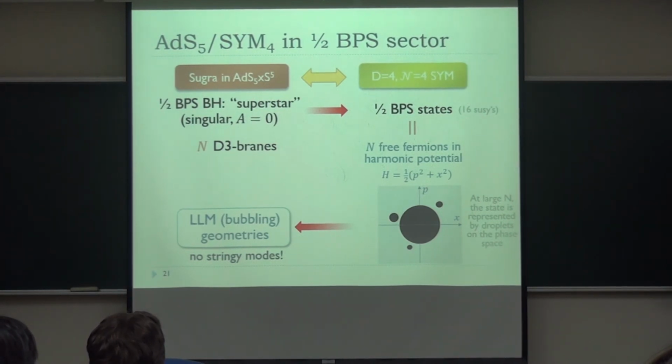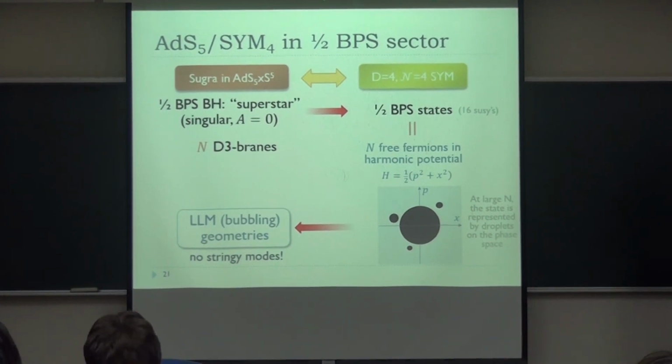Okay, so this is the large N description of the free fermion system, and it turns out that for each such droplet diagram, there is a smooth solution called the LLM geometries. And this involves no string modes because this is just a solution to type IIB supergravity. So here is a nice correspondence, and I'm going to explain this in some more detail.